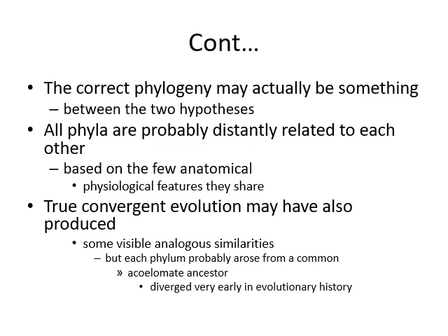The correct phylogeny may actually be something between the two hypotheses, that all phyla are probably distantly related to each other, originating from the same ancestor but with a distant relationship, because they share few anatomical features, like pseudocoelom, muscular pharynx, and adhesive glands, and they have convergent evolution.